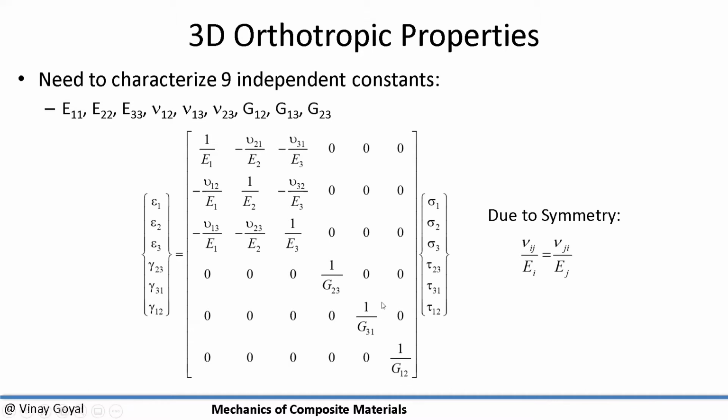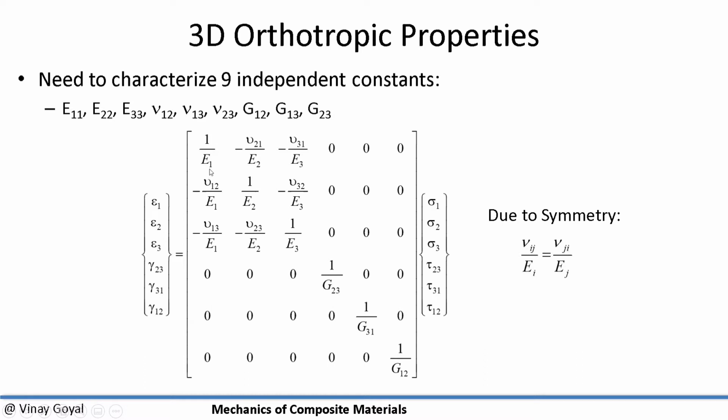But when you're looking at an orthotropic material, for example, which has three planes of symmetry, in reality you're going to have nine independent constants. But because this compliance matrix is fully symmetric, you can create this relationship: nu_ij divided by E_ii equals nu_ji divided by E_jj.